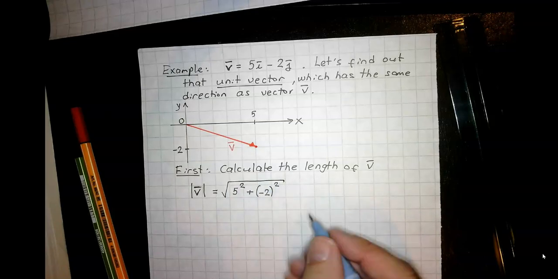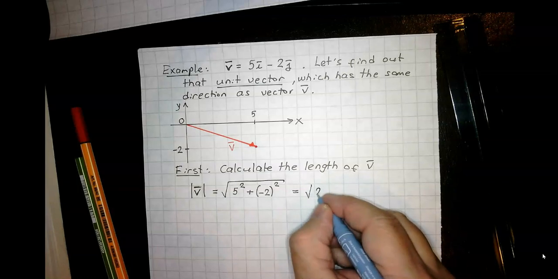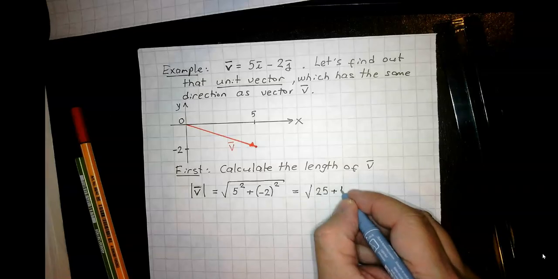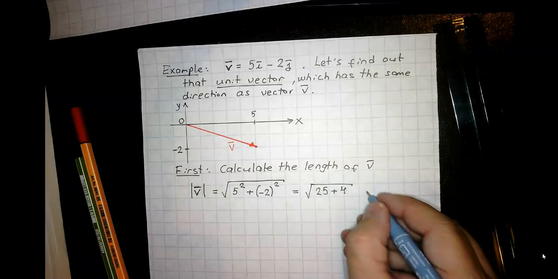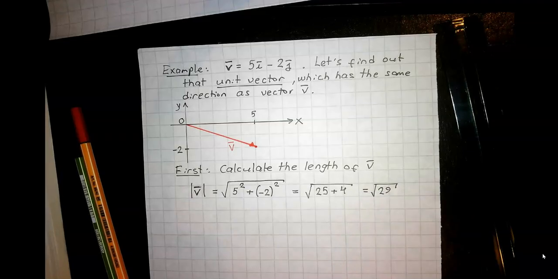And let's calculate the length of this. 25, and (-2) squared is the same as 2 squared, so it is 4. So the length of this vector is √29. I don't suggest to use any decimal values at this point. It will be helpful if we only use this square root notation there.